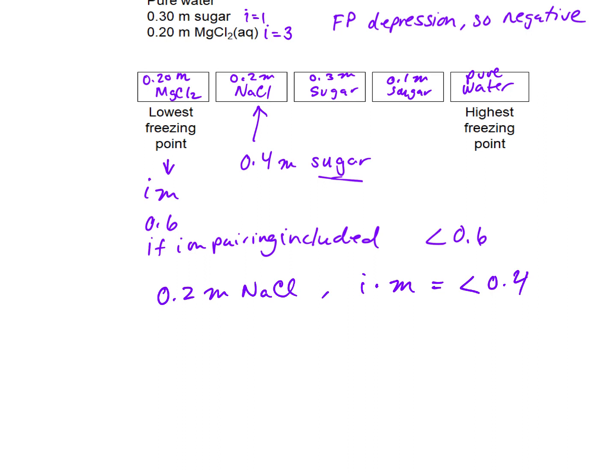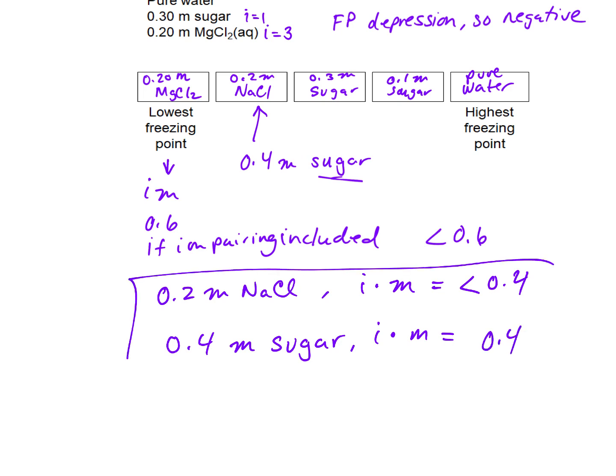Now if we look at that 0.4 molal sugar, i times molal is what? Still 0.4, right? Sugar is a non-electrolyte. i will always be equal to the number of solutes, so i is always 1 for a non-electrolyte.